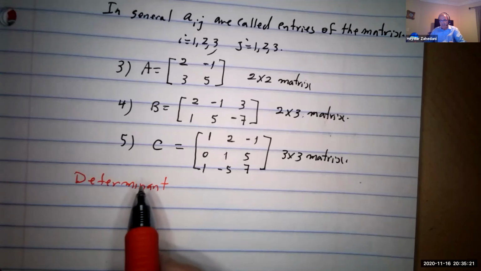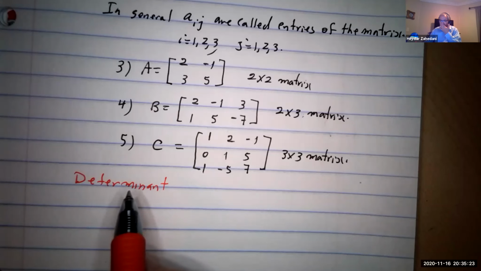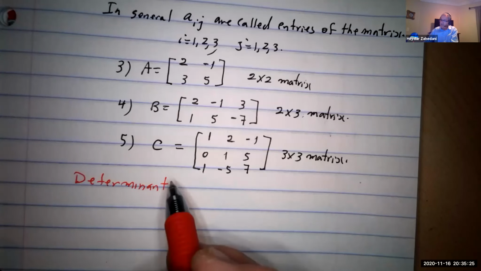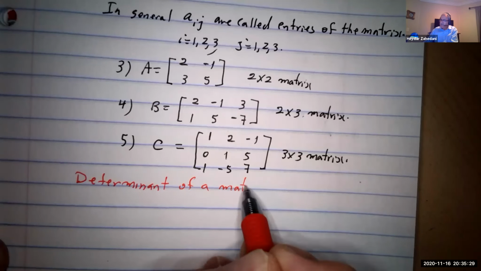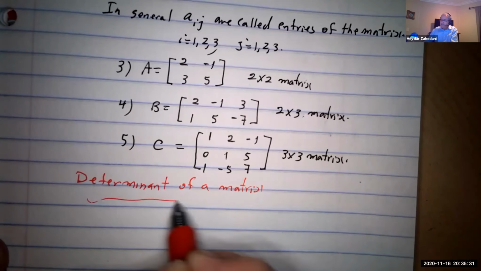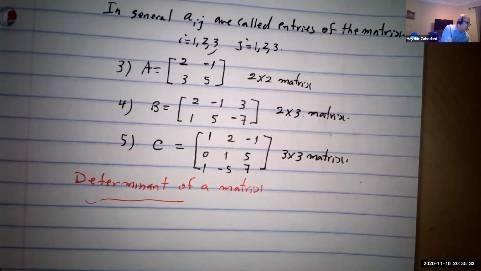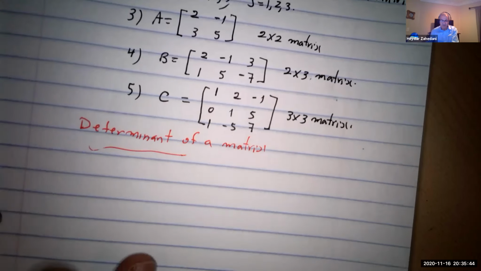What is going to be the determinant of a matrix? The determinant of the matrix is going to be a number, and this is the way we're going to define it.